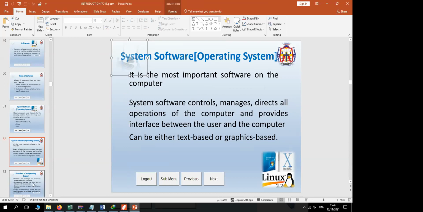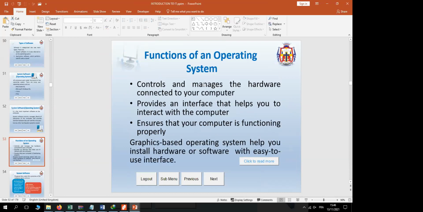So we have listed them: to control hardware and connections to the computer, to provide an interface, to ensure that the system is working properly. Now, we have got two types of user interface. We have what we call graphical user interface and then command line interface. Of course, there are three, but our emphasis and interest is in these two.